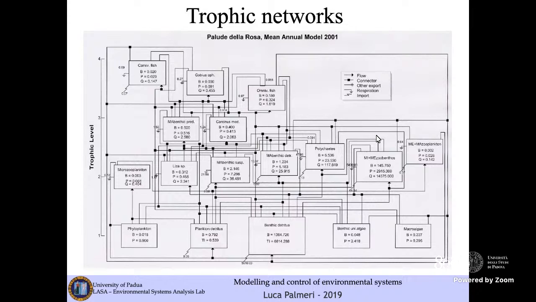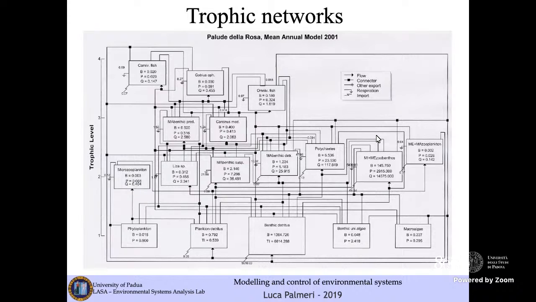For example, as we will present in one of the latest lectures, we will introduce a software called EcoPath. That is a software that describes the exchanges of material in trophic networks. Trophic means nutrients. So a trophic network is a network of exchange of nutrients.